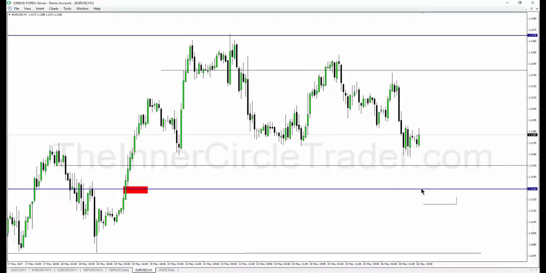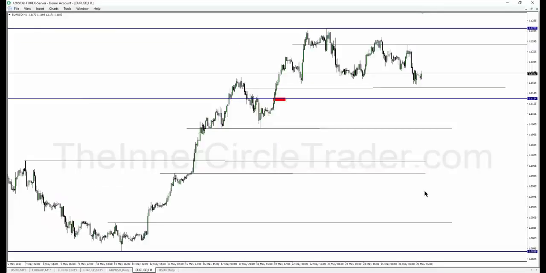But should price fail and say price gets down to this level here and you try to do a buy and it fails and stops you out, then you have to go out to a little bit longer perspective and consider what these daily PD arrays may have impact for.